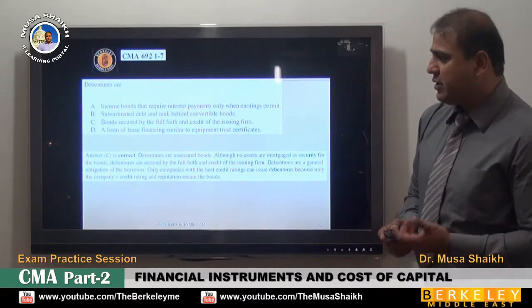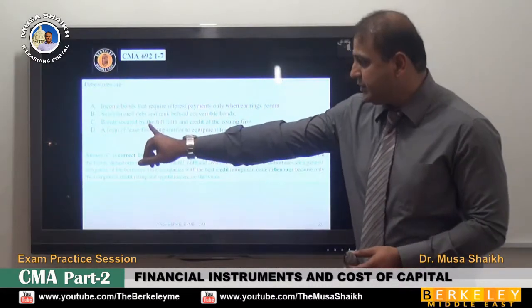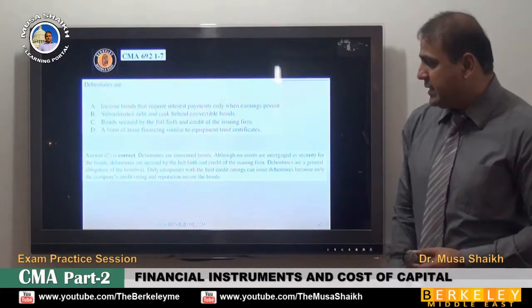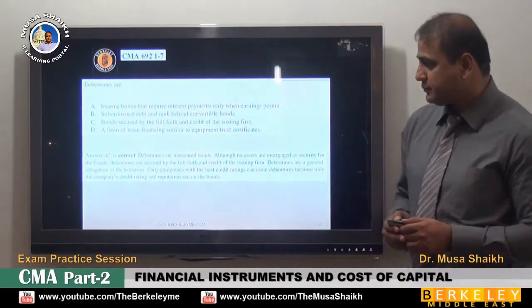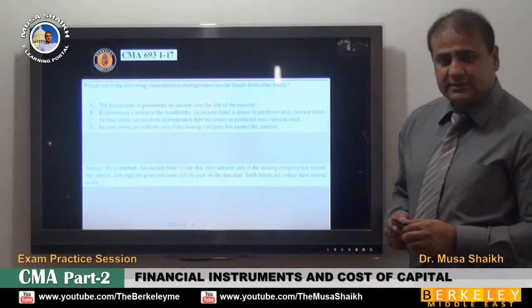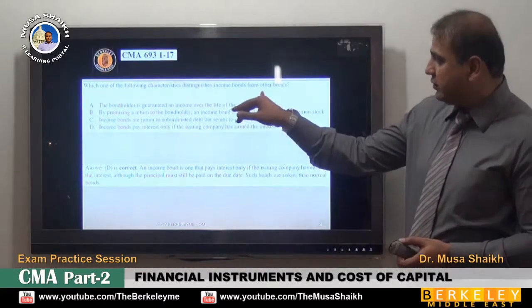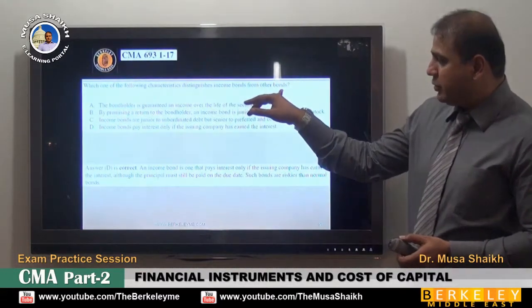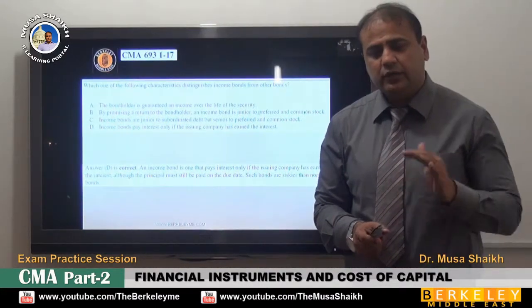Debentures definition: long-term loans. Debentures are bonds secured by the full faith and credit of the issuing firm. Which of the following characteristics distinguishes an income bond from other bonds? Generally an income bond is related to income.